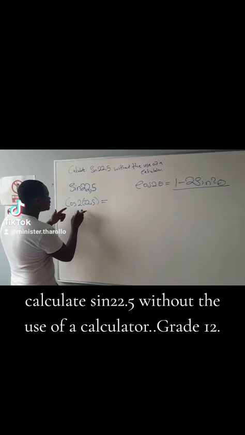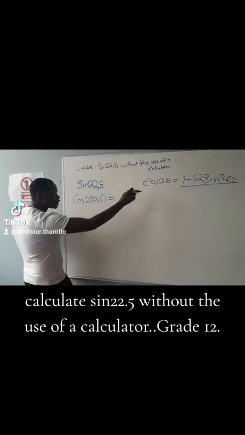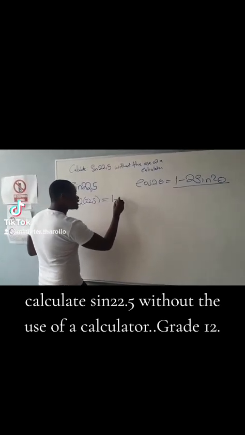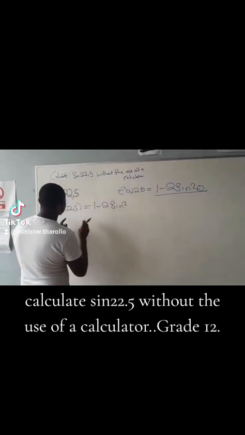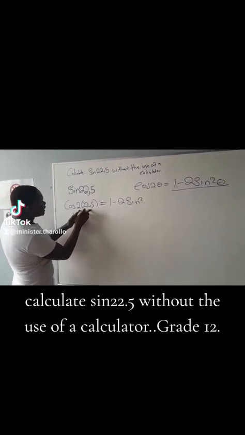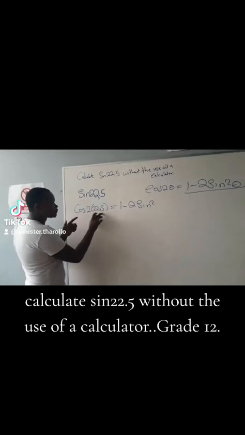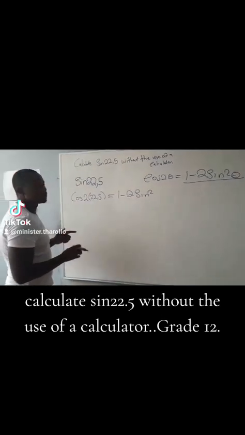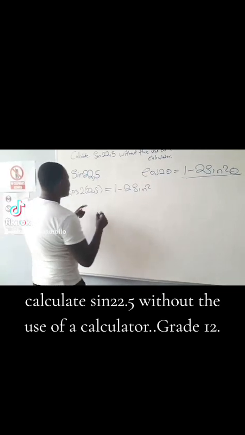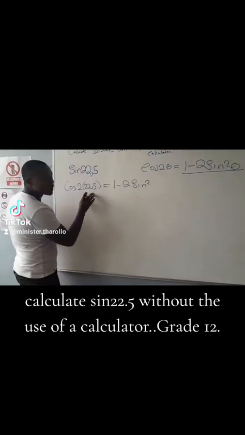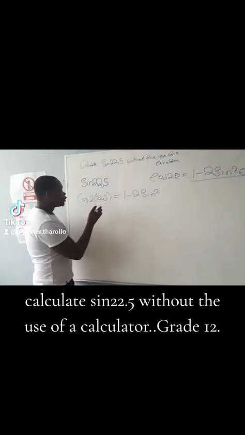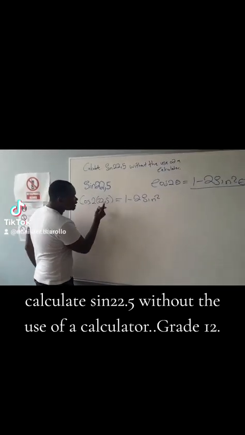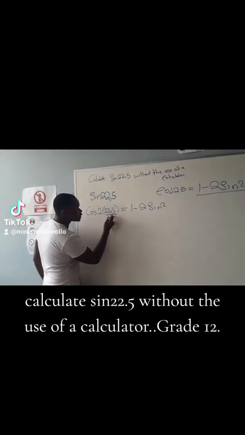So we take 1 minus 2 sin squared theta, and now we apply the question: we put 22.5 to represent our theta.